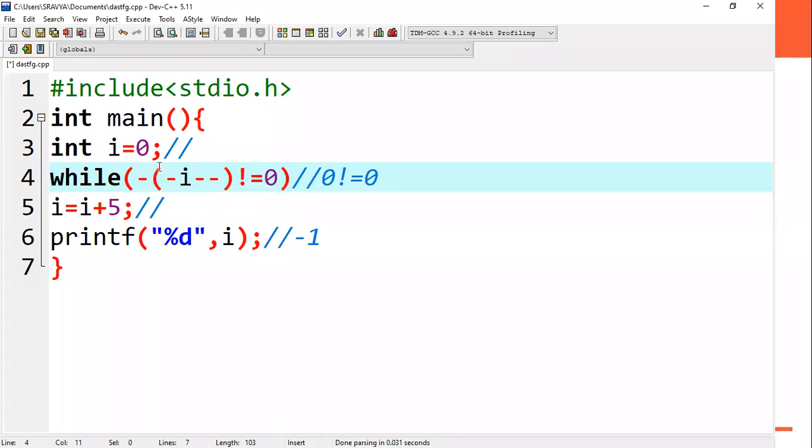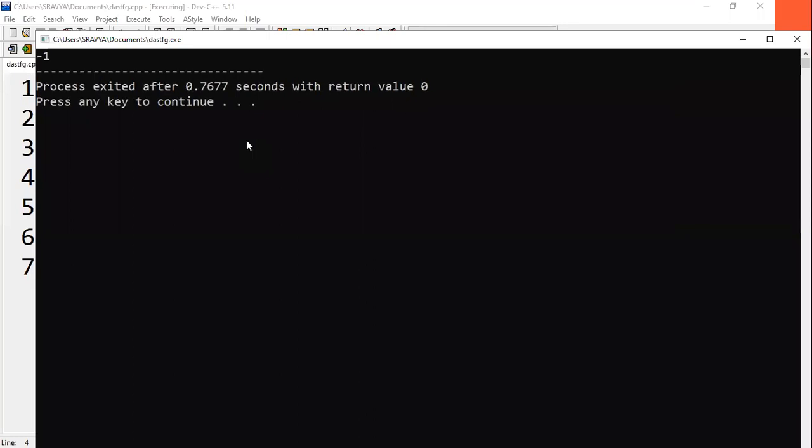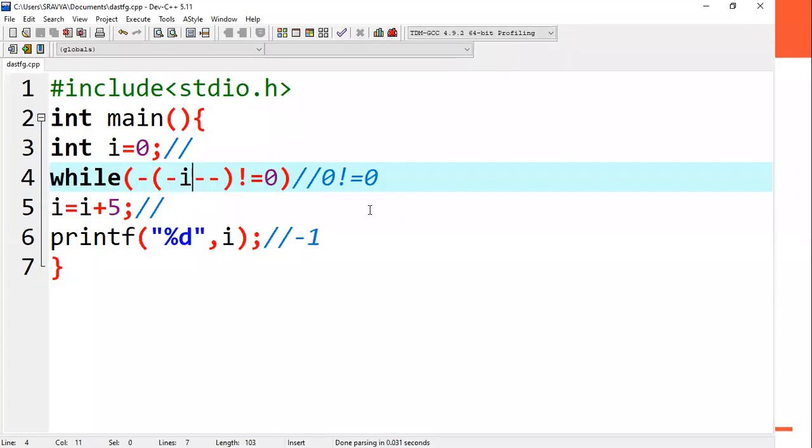Minus of -0 means 0 only. Still it will be the same. Let us run it and check once. Why the confusion? -1 only. The i value is 0, that's why it will never affect. -0 or +0, it won't affect us anyway. Understood that? Hope it's clear.